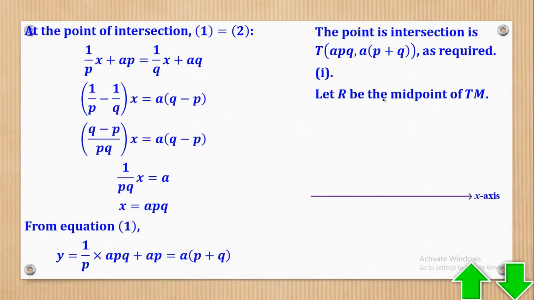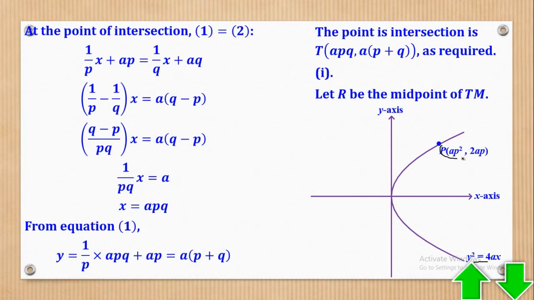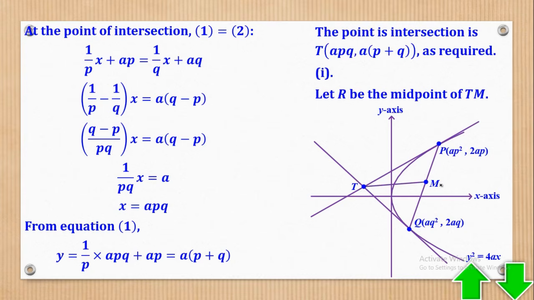We shall need a sketch, draw the axes and label them. Then from there we shall sketch our parabola, which is y^2 = 4ax. Then locate point P and also locate point Q and join the two. Then draw a tangent at P, draw a tangent at Q, then they meet at point T. And this is M. And we say that let R be the midpoint of TM.